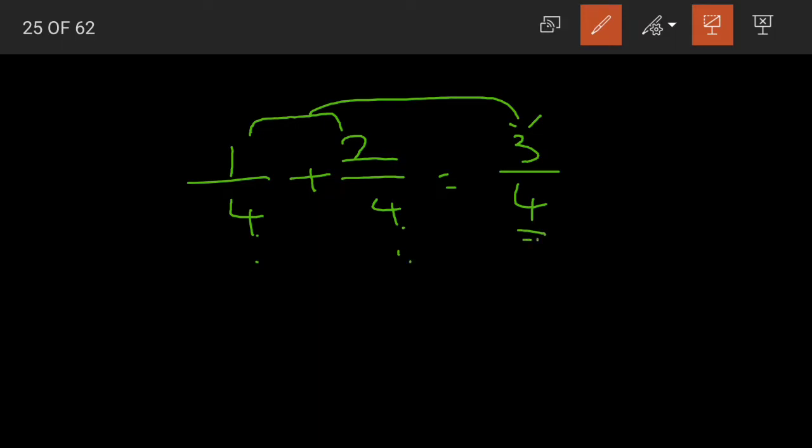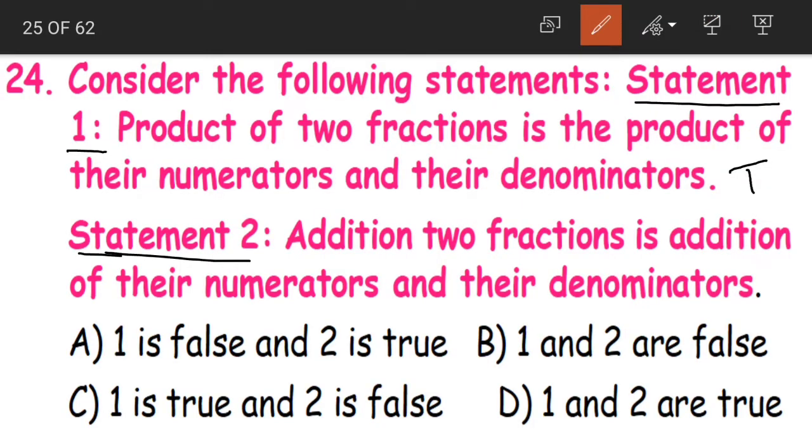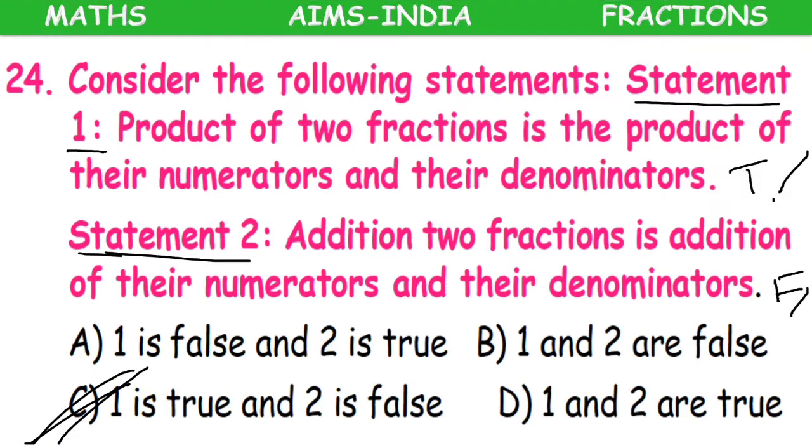We just took the common denominator here. So statement 2 becomes false. So what is the correct answer? Statement 1 is true and statement 2 is false. That is option C. Understood, children?